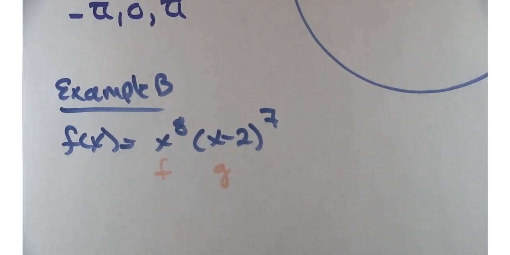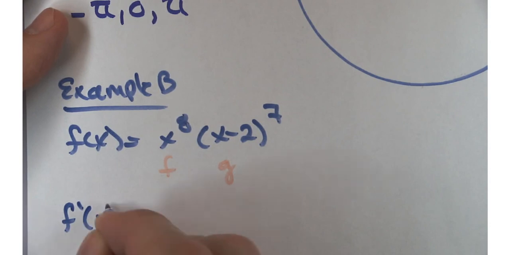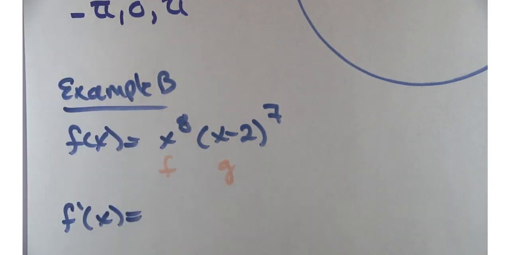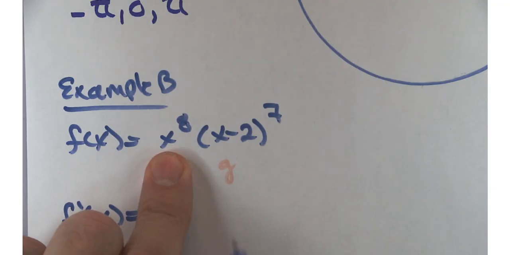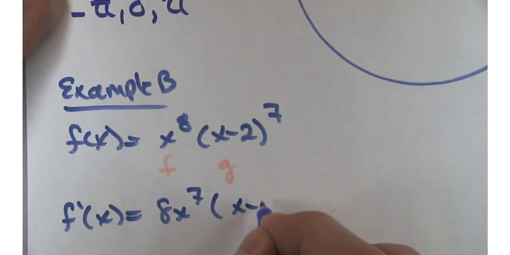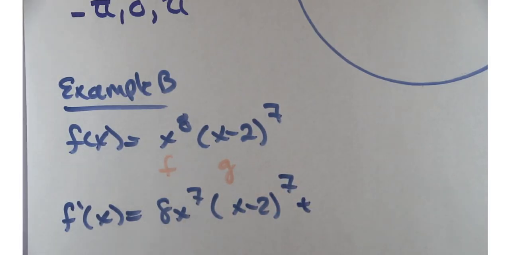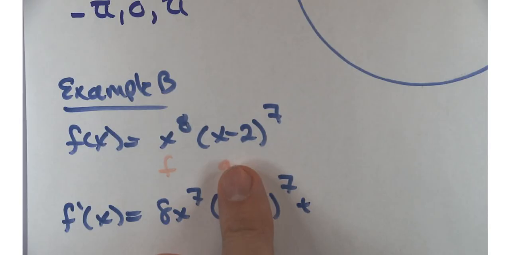We need f prime g plus g prime f. So let's work on that. f prime of x is going to be 8x to the 7th times x minus 2 to the 7th plus, how about g prime? What's g prime going to look like?